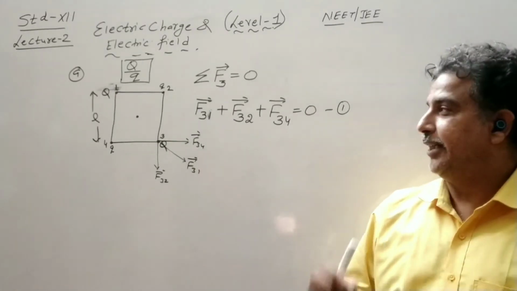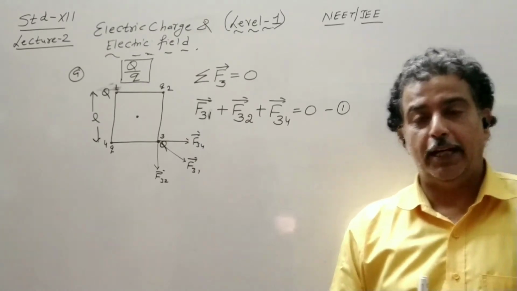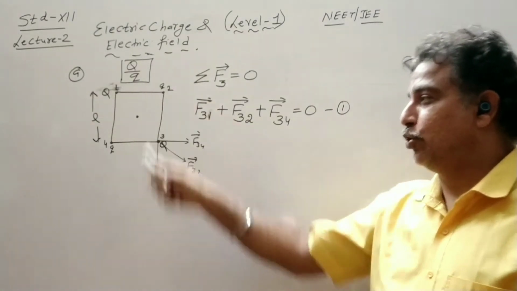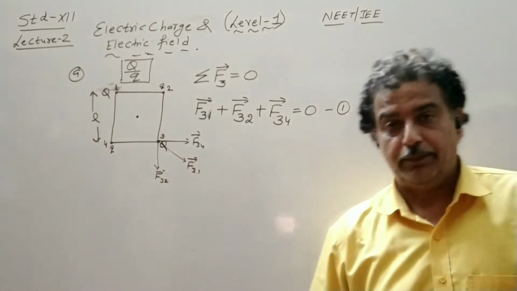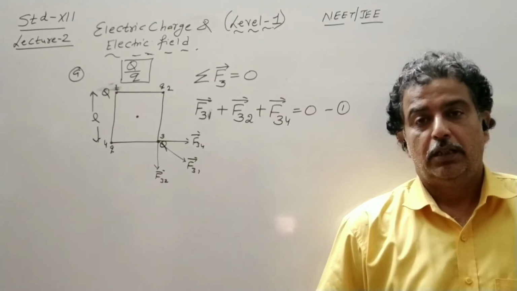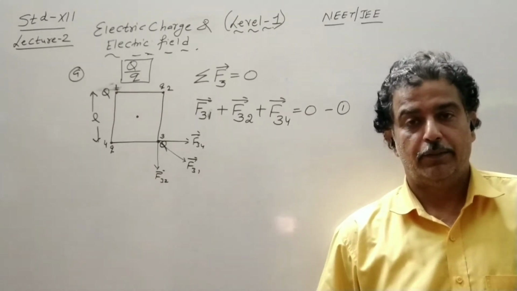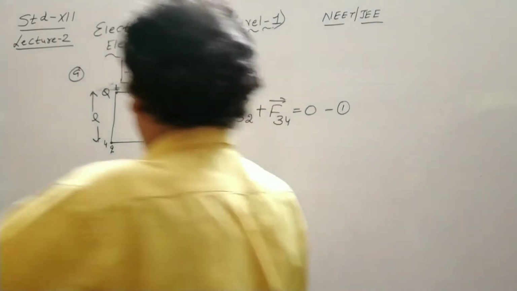So it is clear that all the 4 charges will not have the same polarity. Even if you take all the 4 charges to be negative, the diagram remains the same. It means 2 charges are positive and 2 charges are negative. We don't know which are positive and which are negative, so let us make an assumption.